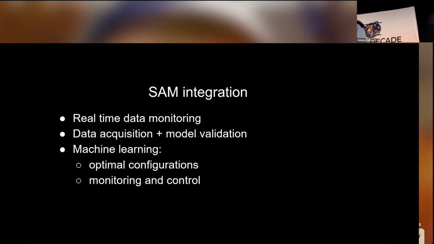And another extremely important thing is the data acquisition and model validation. What does it mean? So far we were just simulating, but it's difficult to know if what we are simulating is correct.